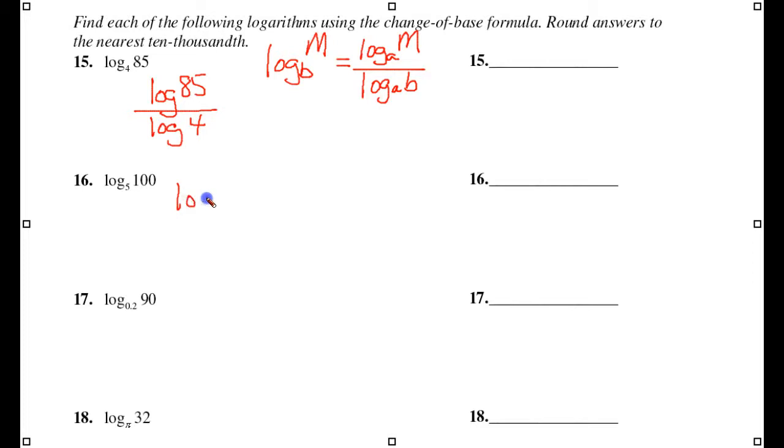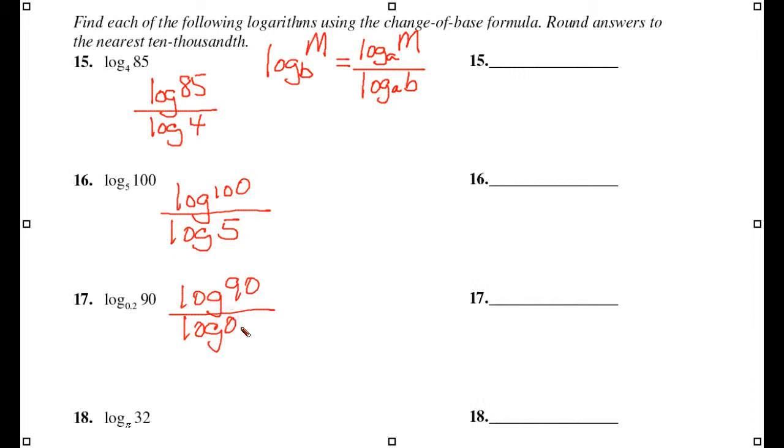This will be log of 100 divided by log of 5. Log of 90 divided by log of 0.2. Log of 32 divided by log of pi.